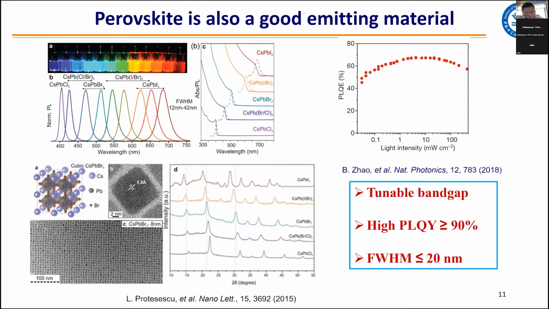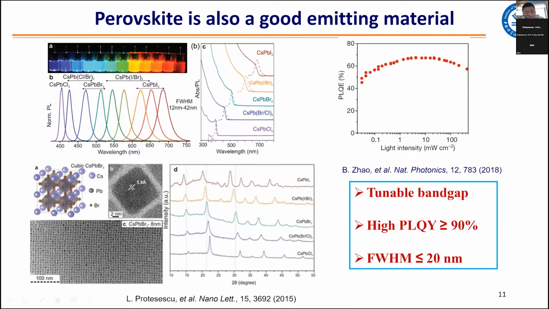However, for light emitting diode materials, we should confine the charge in small areas and make it recombine as soon as possible to emit. So when we make efficient perovskite light emitting diodes, we should reduce the crystal size. Sometimes we synthesize nanocrystals, sometimes we use quantum structures to confine the charges.